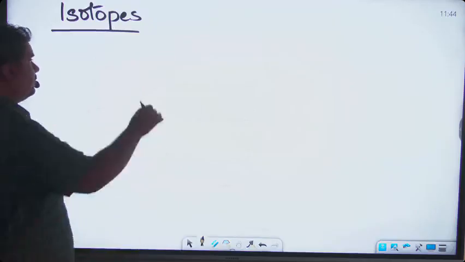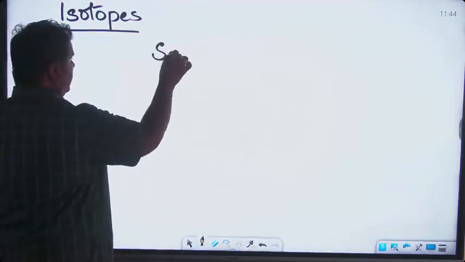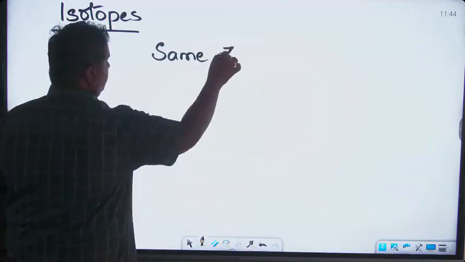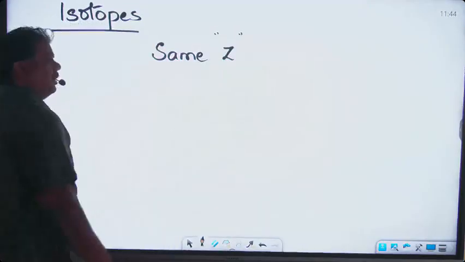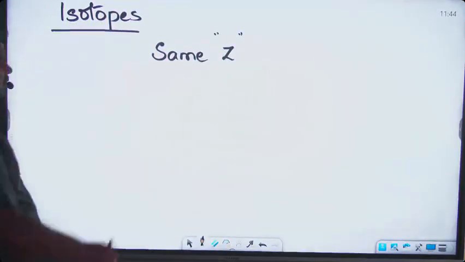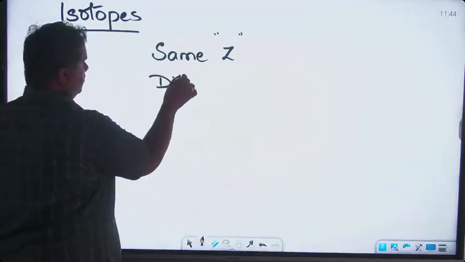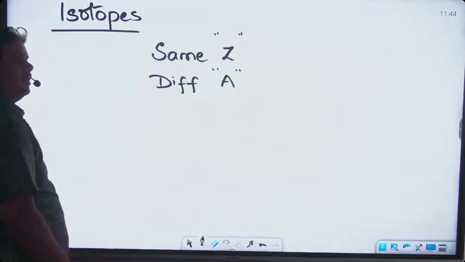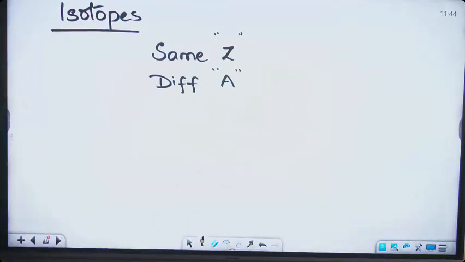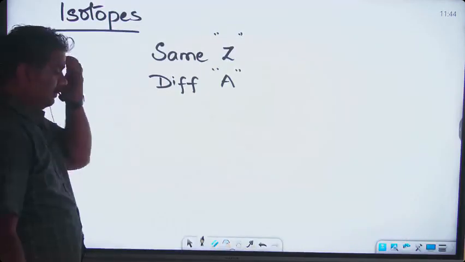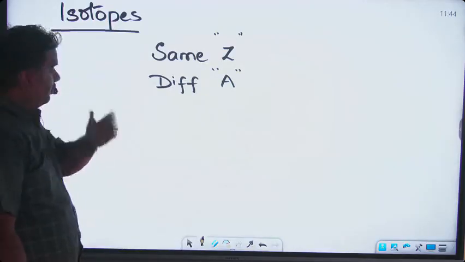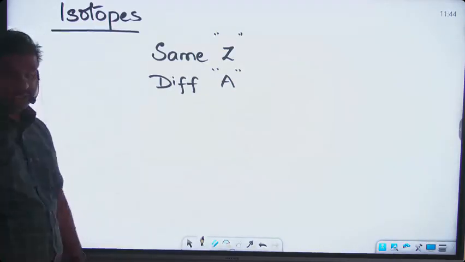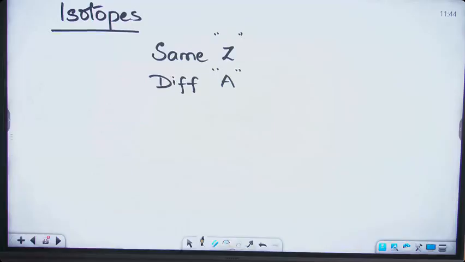The elements which have the same atomic number but different mass numbers are known as isotopes.